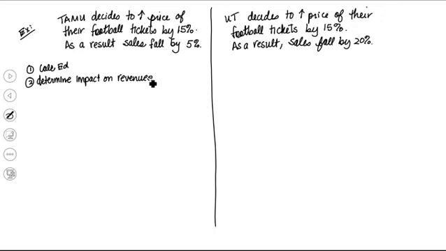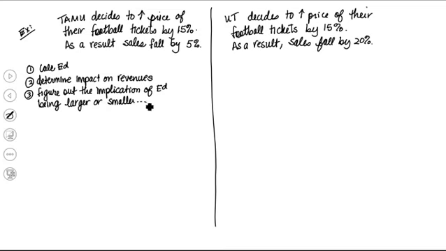And then number three, after you've done that for both Texas A&M and University of Texas, I want you to figure out the implication of elasticity of demand being larger or smaller. In other words, what does this mean? All right. So take a second and work through that, please. And then we'll compare. And I want to see everyone working, but if you need help, raise your hand and I'll come help you.